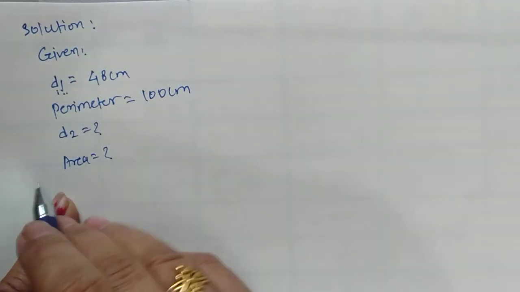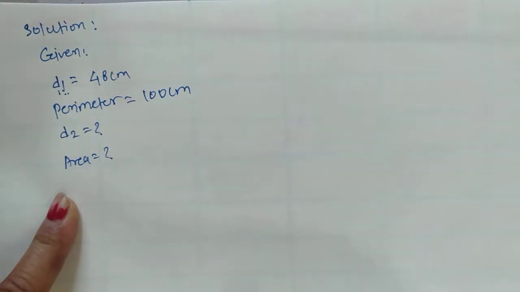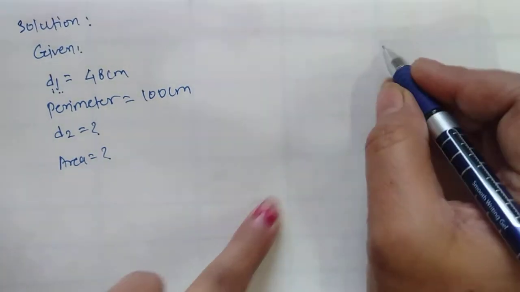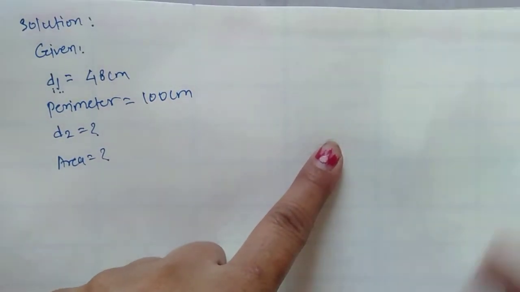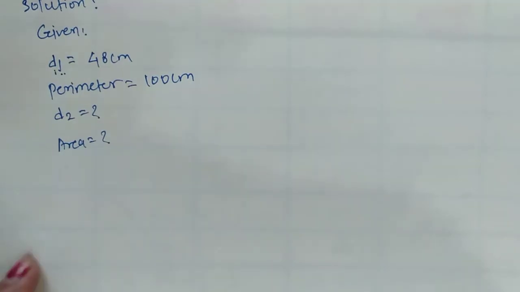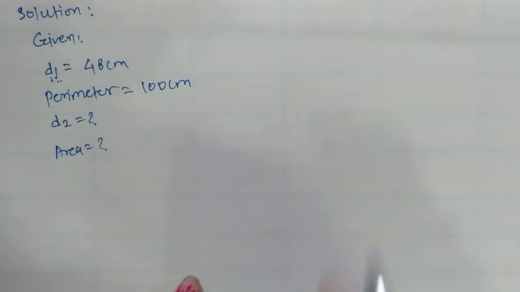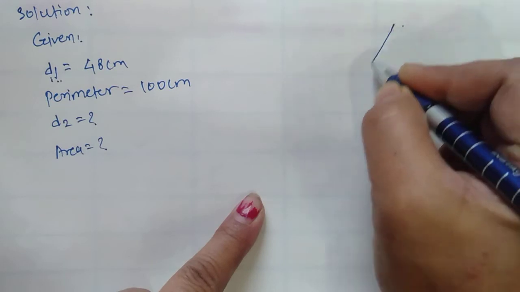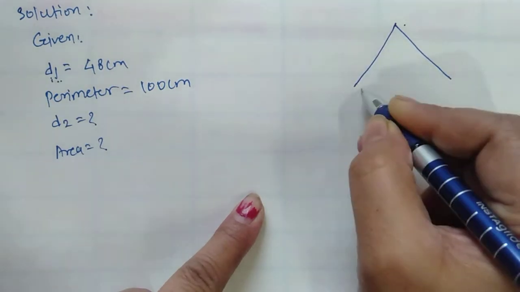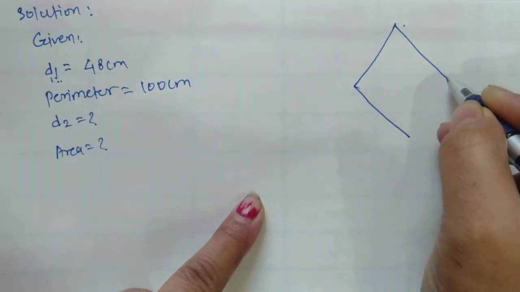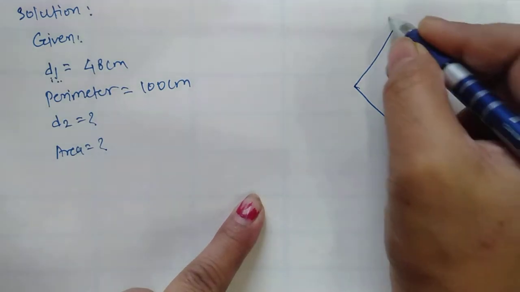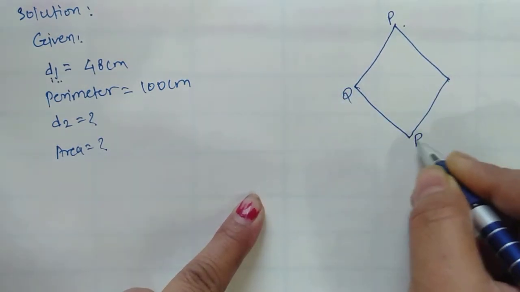Now to solve this question we need the rhombus. So here firstly draw the figure of the rhombus. Suppose this is the rhombus PQRS.